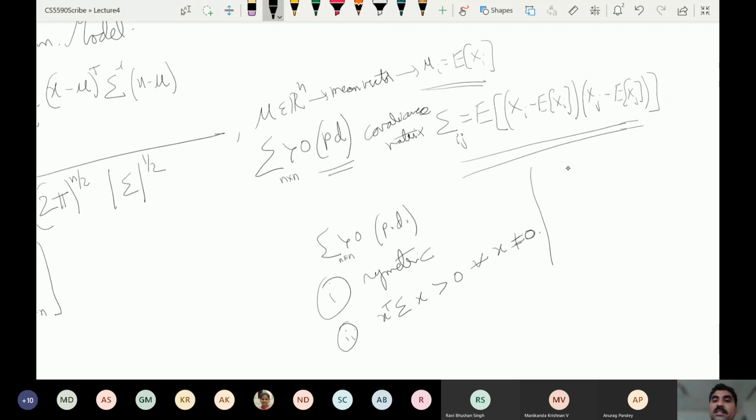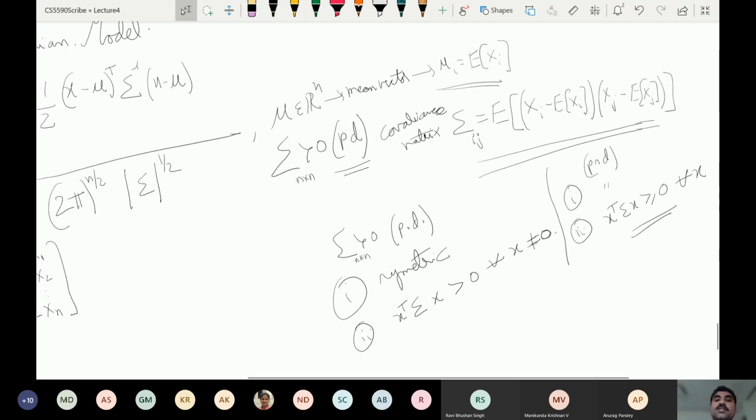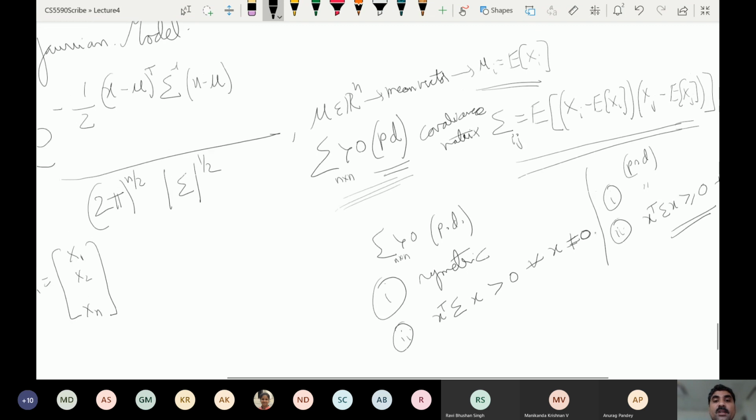To contrast it with positive semi-definite, the only difference is in the second condition, which is greater than or equal to 0. The first condition remains the same. For Gaussian distributions, the covariance matrix parameter should be positive definite.